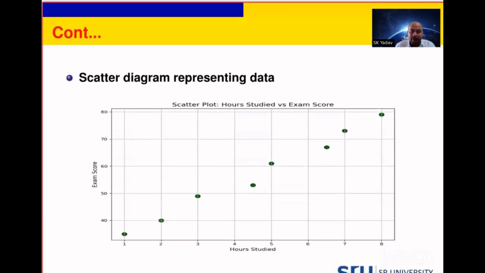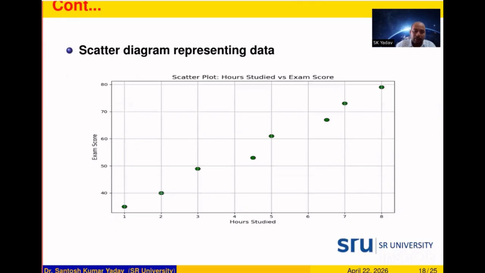Second point is by scatter plot, drawn in Python, you can see a straight line kind of behavior for the data points. So I need to find some line that best fits this data, similar to this kind of line.